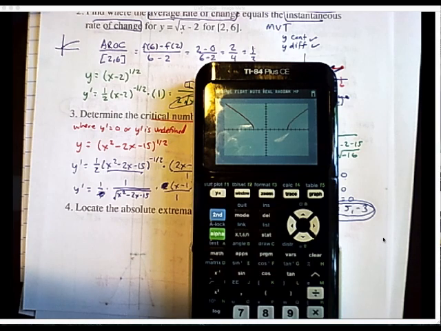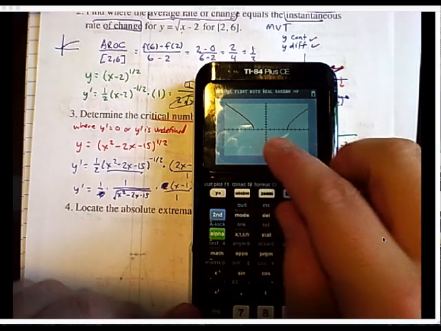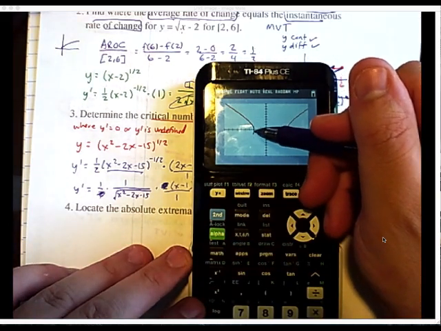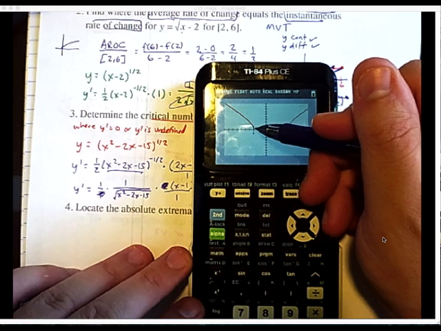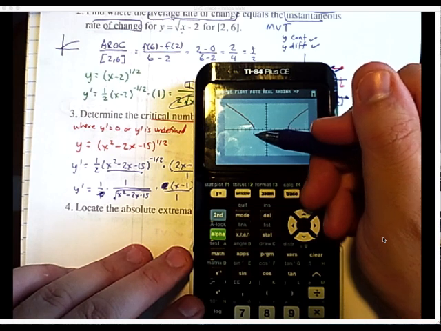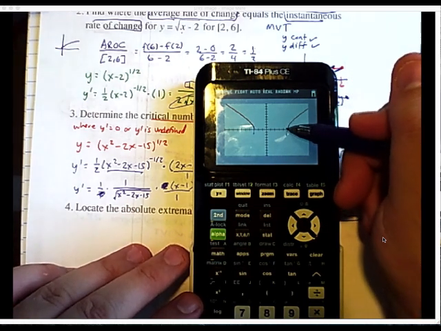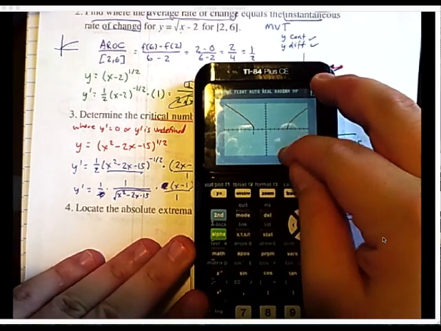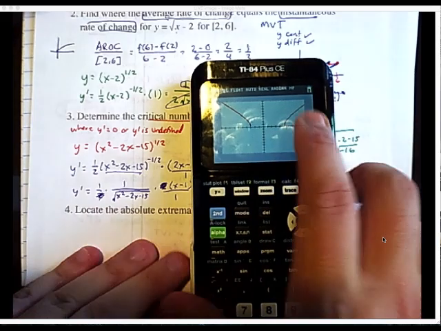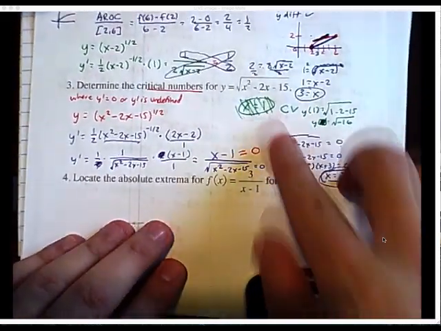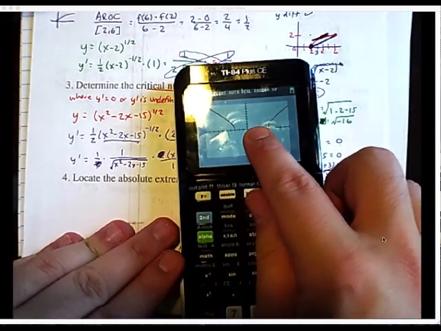Hopefully you can see right here at this point you would get a tangent line that's vertical, which means the derivative's undefined, because you get a vertical tangent line there at negative 3, and you would also get a vertical tangent line here at positive 5. Notice, I thought one of the answers was positive 1 from the calculus, but 1 is not defined on the graph.